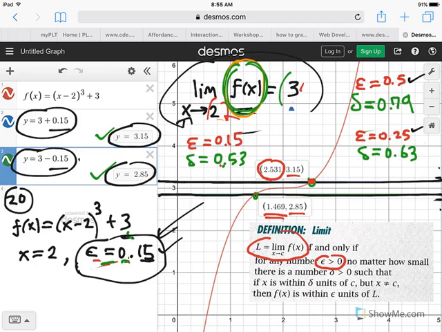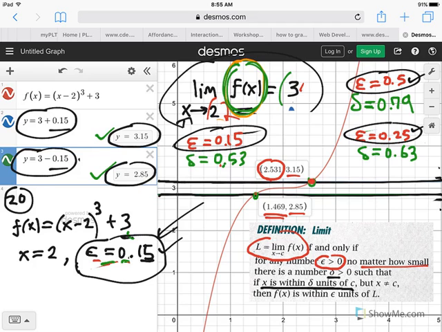It means for any epsilon greater than 0, no matter how small, whether it's 5/10ths, 25/100ths, 15/100ths, or even something really small like a billionth, you must be able to find a value for delta greater than 0 such that whenever the input values are within delta units of c, in our particular example c is equal to 2, but the input values are not equal to c, then f of x will be within epsilon units of L. In other words, this is a precise way of stating that you can make the output values of the function arbitrarily close to the limit by making sure that you take input values that are close enough to c.